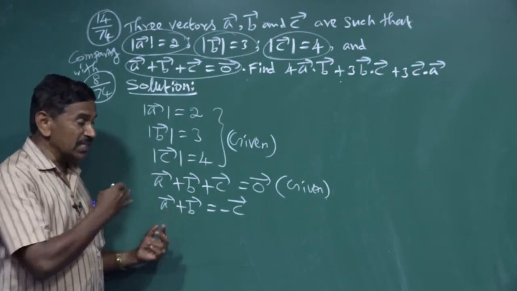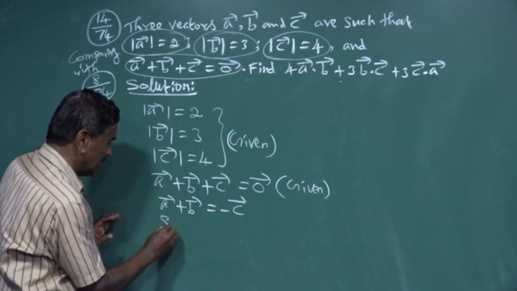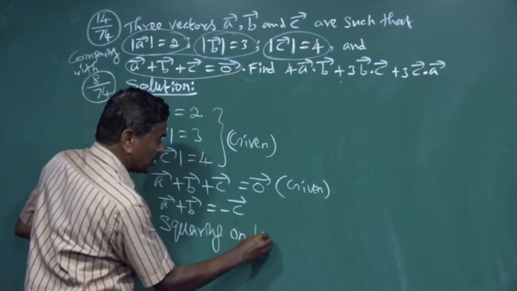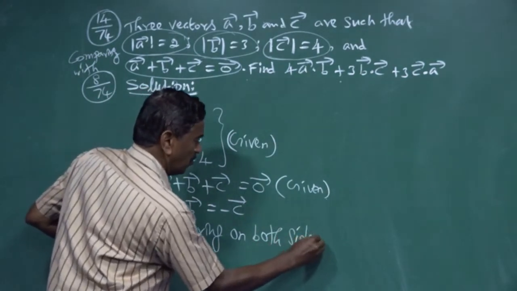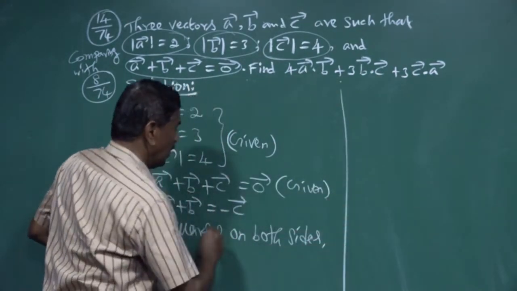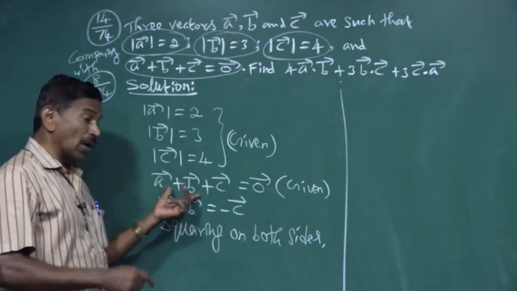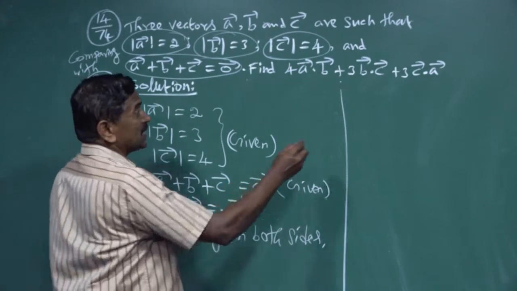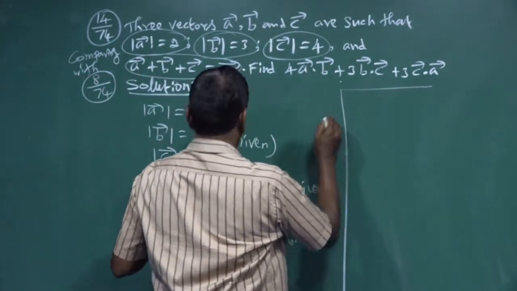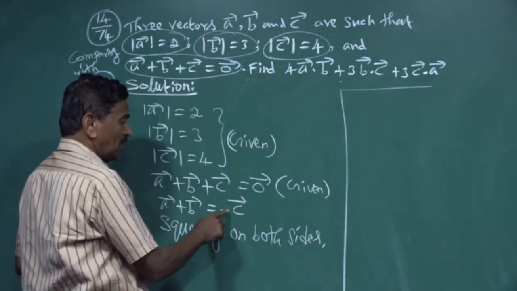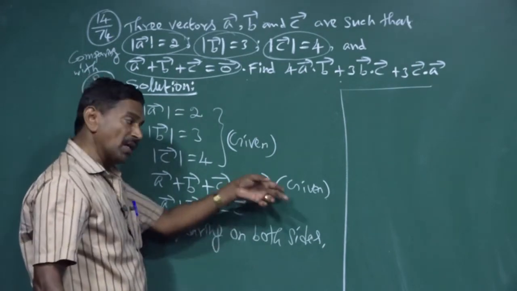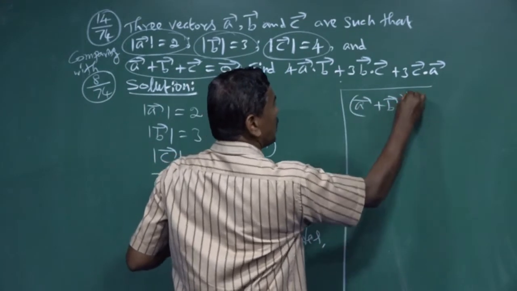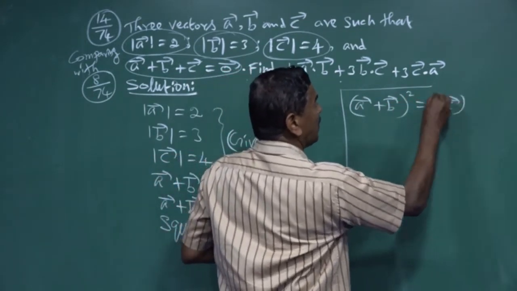For convenience, squaring on both sides: LHS the whole square equals RHS the whole square. That is, a vector plus b vector the whole square equals minus c vector the whole square.